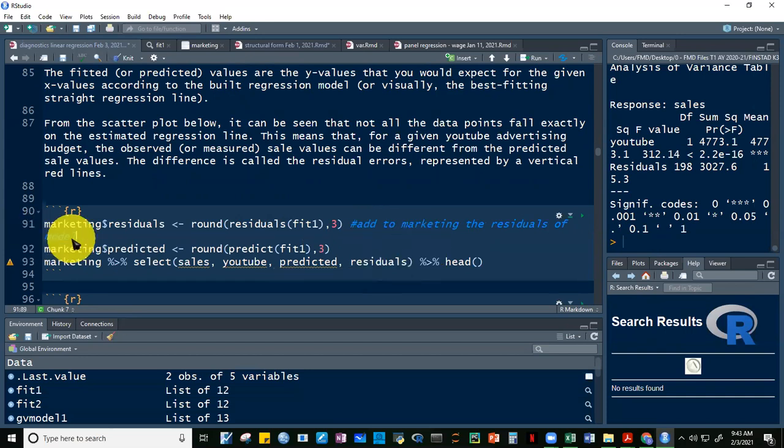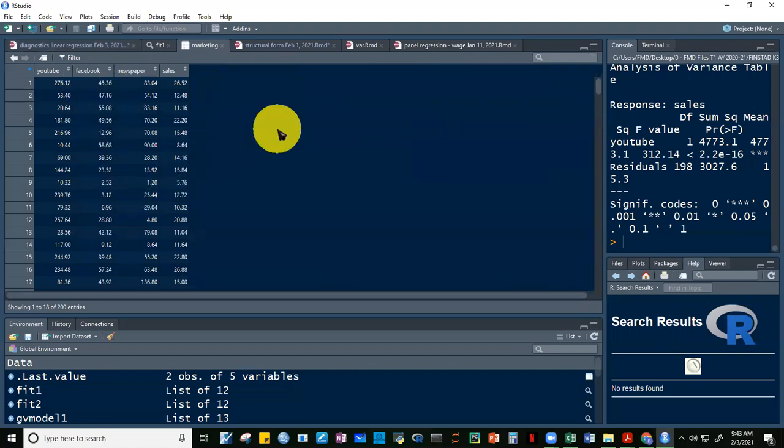Kasi di ba may data frame tayo ng marketing. Ilagay natin dito, guys, isasama natin si residuals at saka si predicted value. So let's do that as an exercise.